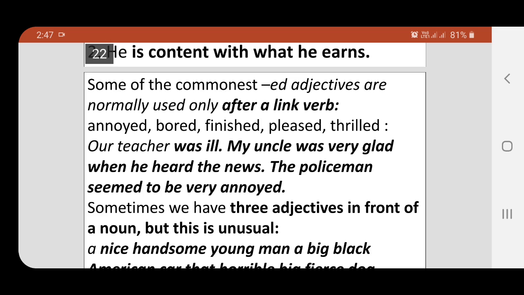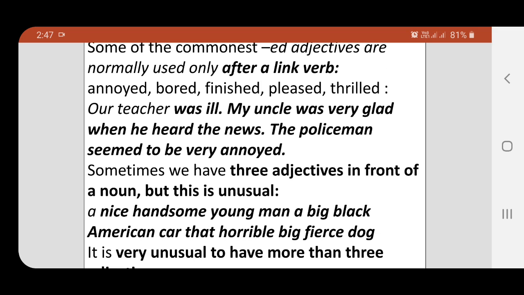In your book, a few examples are given. Our teacher was ill. Was is a link verb, ill.